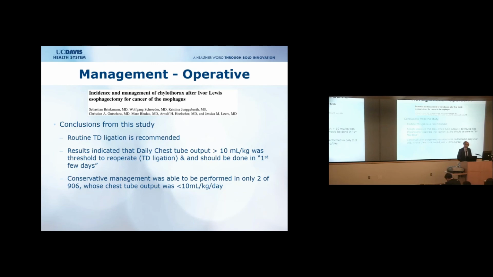And conservative management was able to be performed only in 2 patients of those 906. And again, those were the patients whose chest tube output was less than 10 milliliters per kilogram per day. And what this tells me is that this is unusual. It's unlikely that you'll have a situation where the output is that low and that they'll respond to conservative management.